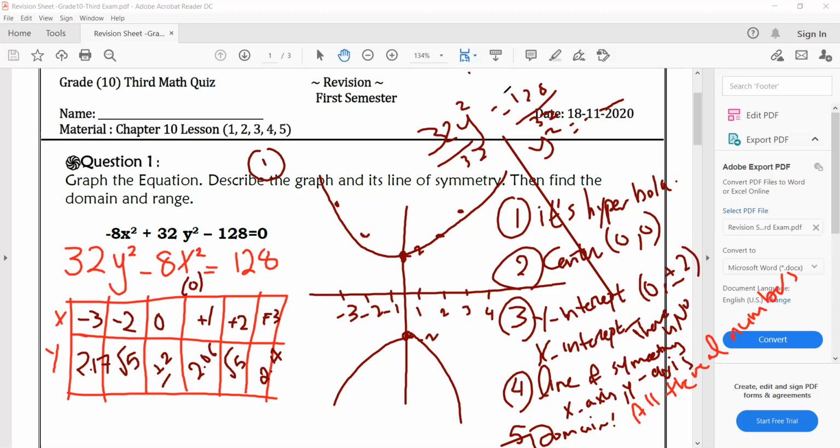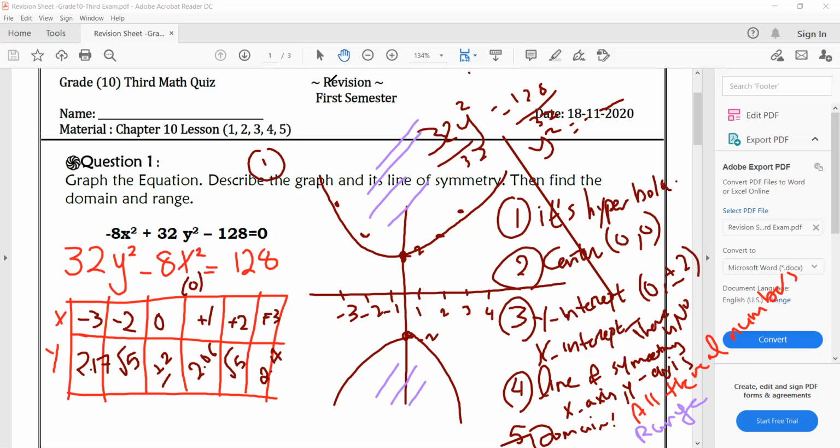Now, what about the range? Look at the shape. The range will be from negative infinity to negative 2, wait, please, I will write here.